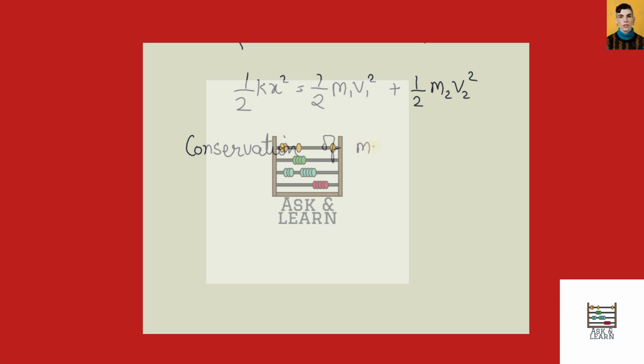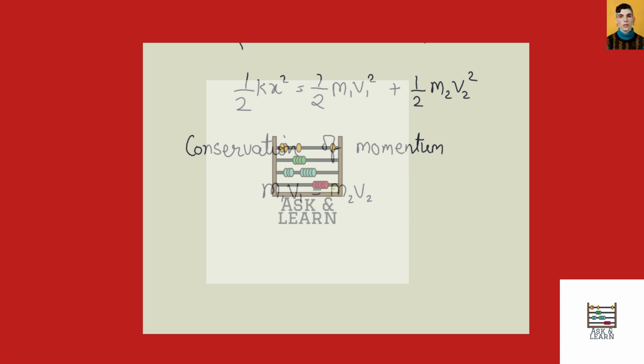If I use the conservation of momentum over here, I will get m1 v1 equals m2 v2. Because the initial momentum will be 0 and the final momentum will be m1 v1 minus m2 v2, because one of the blocks will be moving in the opposite direction.